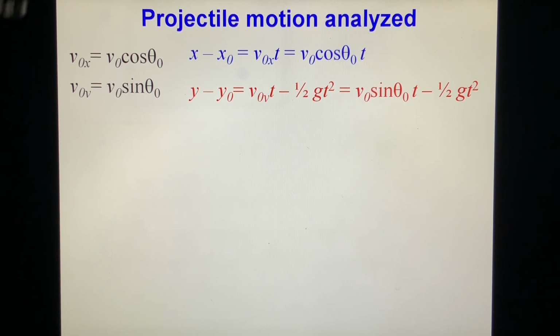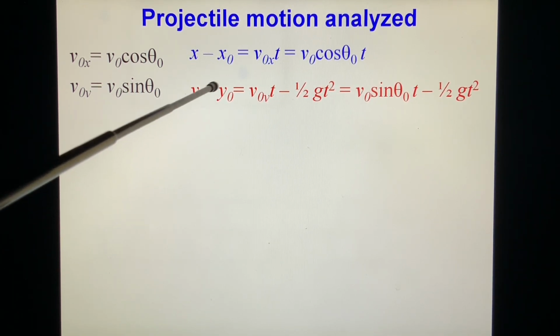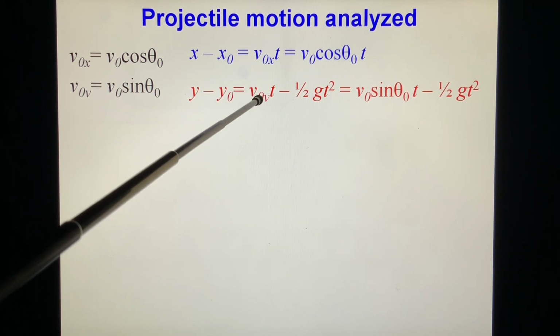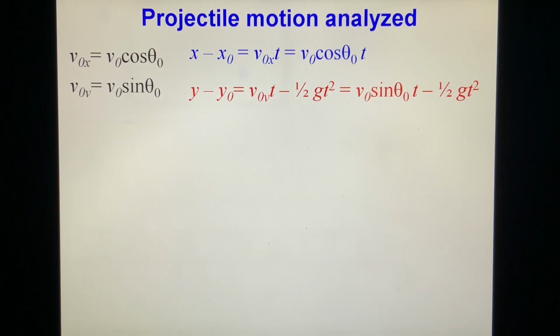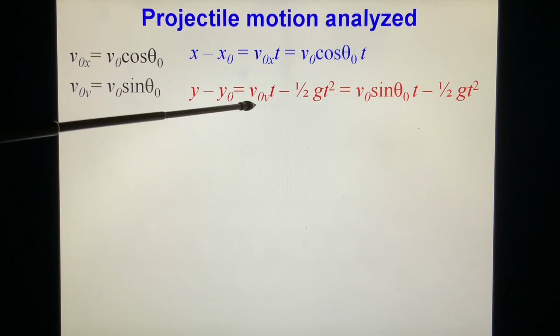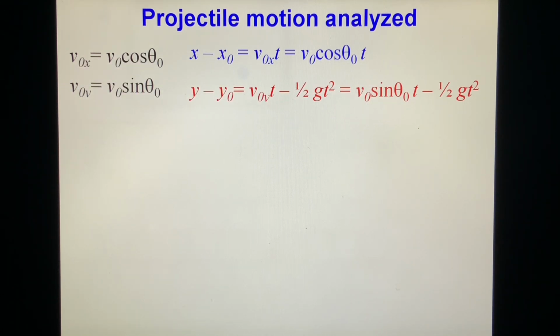And y is free fall, so the displacement y minus y0 equals V0y t minus half g t squared, because g goes down and our reference y is up in this case, and V0y is V0 sine theta 0. That's it.